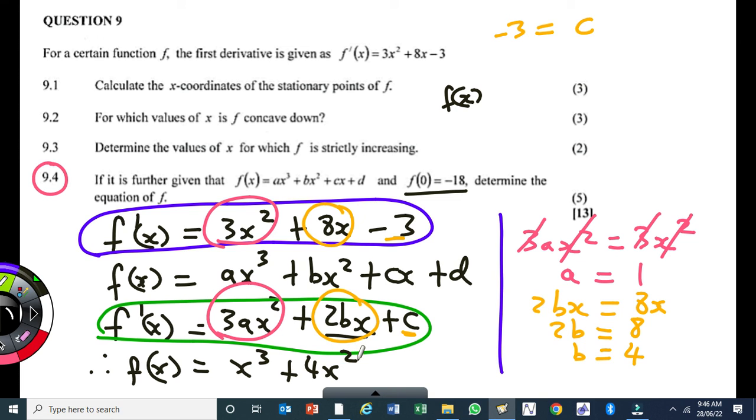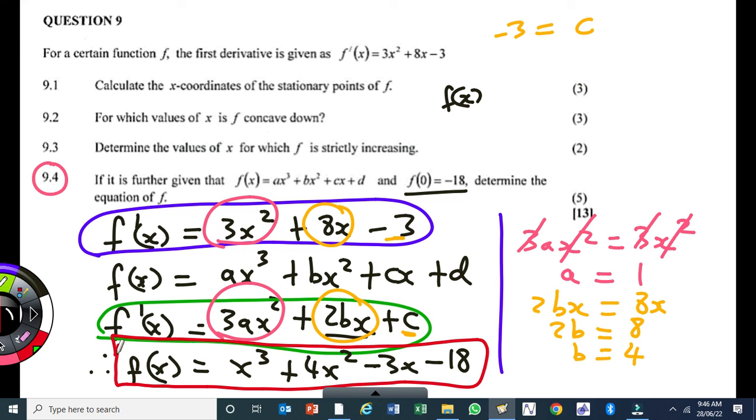Then my c is negative, so that will be minus 3x, and my d is minus 18. So that will be the equation. This is the equation of f of x. Okay? So I've used my knowledge of the first derivative and its original cubic function. All right?